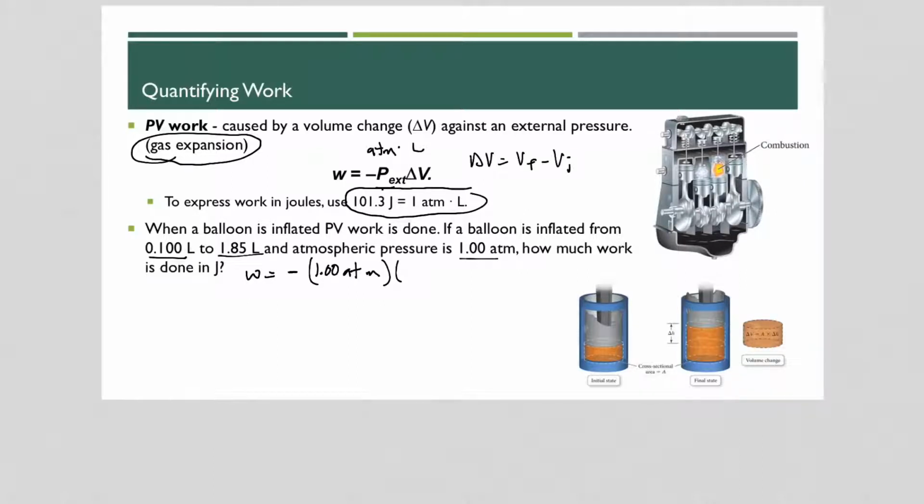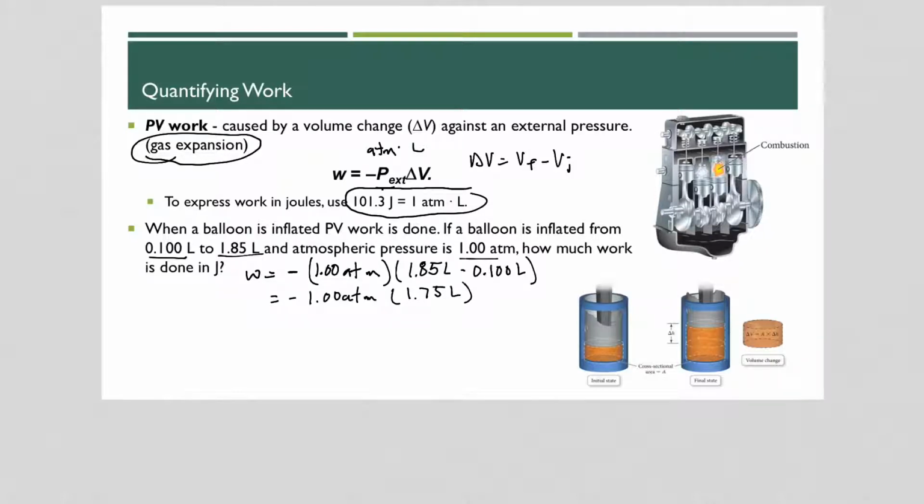Our final is 1.85 liters minus 0.1 liters. So we get equals negative 1 atm times a change of 1.75 liters.